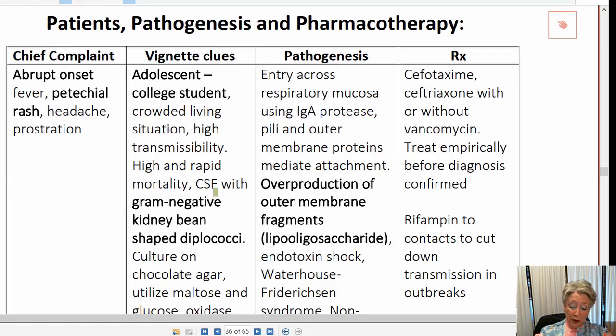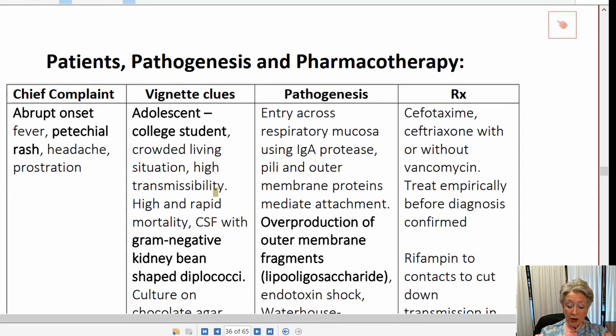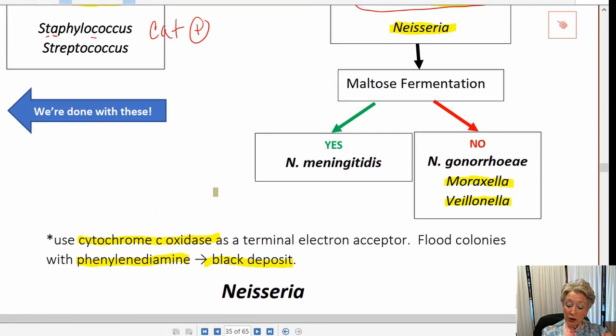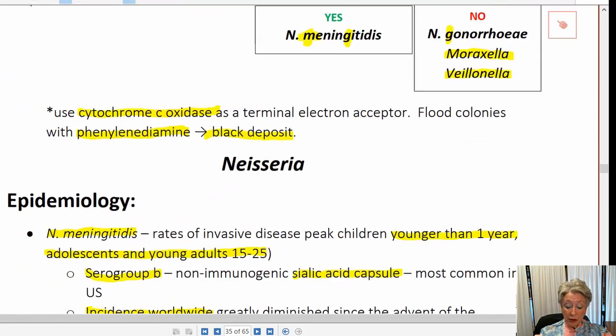So when we think about the meningococcus, remember that these are distinguished by whether or not they ferment maltose. So the meningococcus is the one that ferments maltose and glucose, notice, I've got an M and a G in that word. The gonococcus is the one that does not ferment maltose and ferments only glucose.